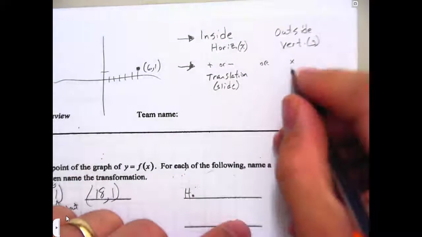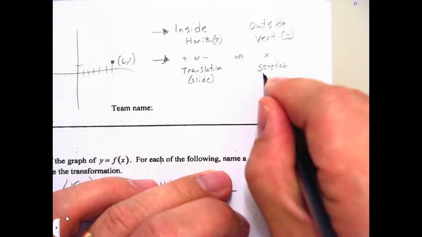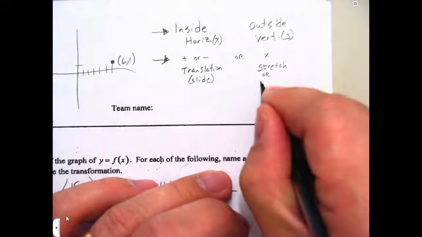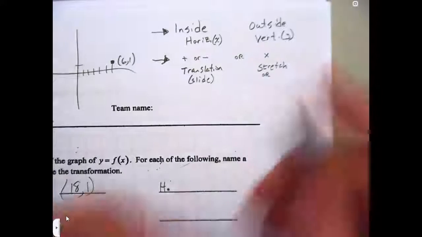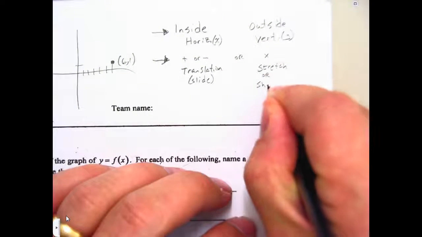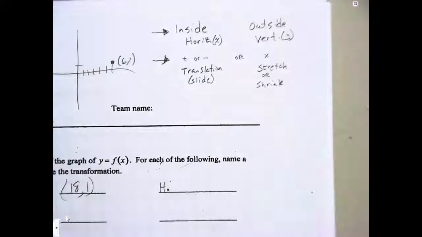If it's multiplying, it's either a stretch or a shrink. Tell your neighbor when it's a stretch. It's not when it's just multiplying. When is a stretch? When is a shrink? Look back to your notes.